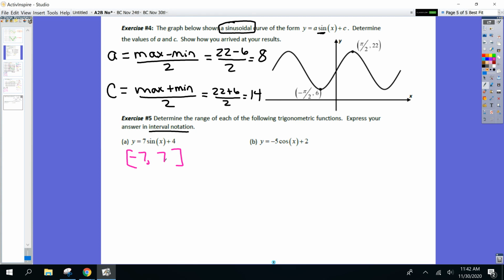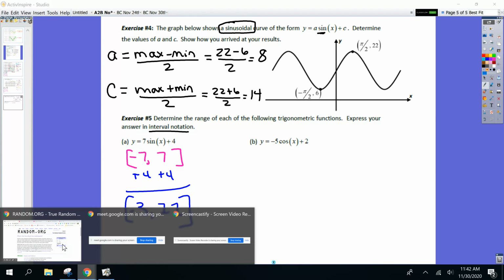Now, Caroline, let's shift this up 4. -3 and 11. So this curve's going to go from -3 to 11. Not bad for a rookie. Everyone all right? Take your pre-shift max and min, and then add the 4s to them.